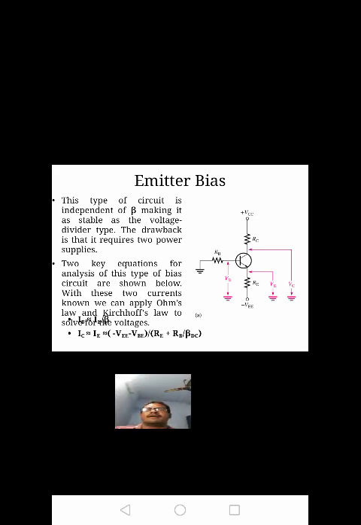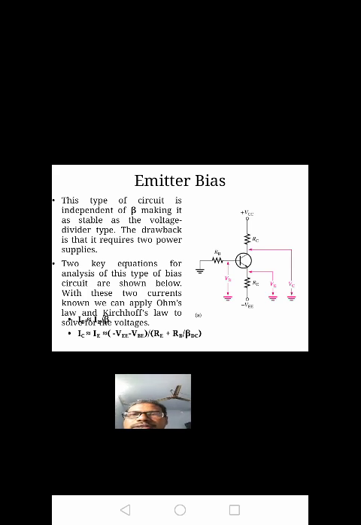In the base bias circuit we need only a single supply, VCC, but in the emitter bias circuit two supplies are needed. The first one is plus VCC, the next one is minus VEE, applied at the emitter terminal as additional power.